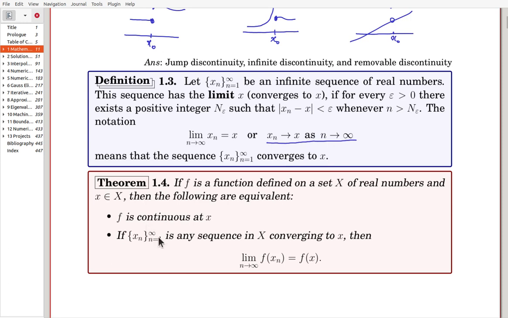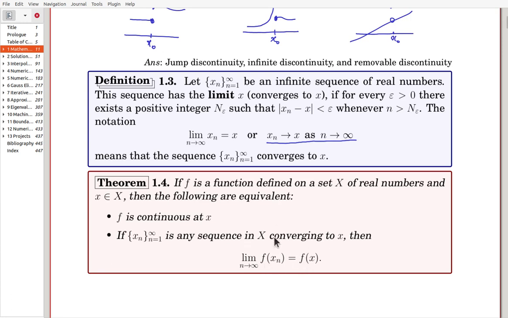This theorem is saying that here are two equivalent statements: f is continuous at x, and for a convergent sequence, this one is satisfied: limit as n approaches infinity of f of xn is f of x.